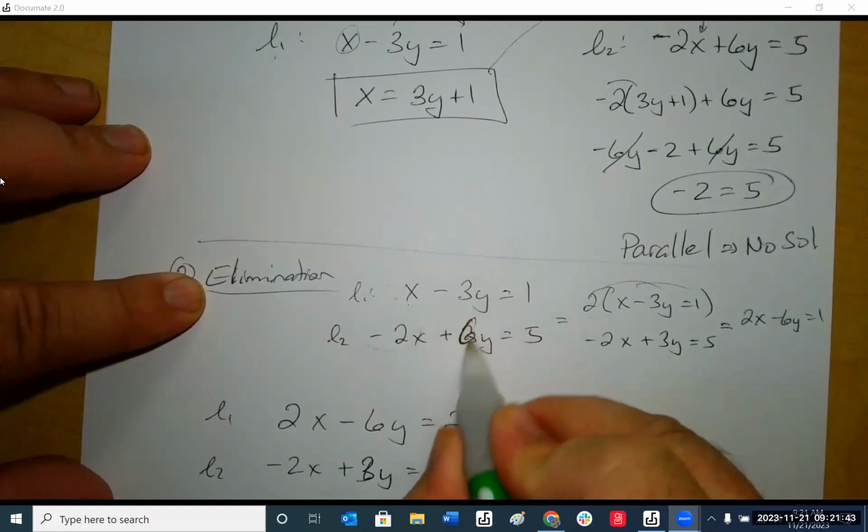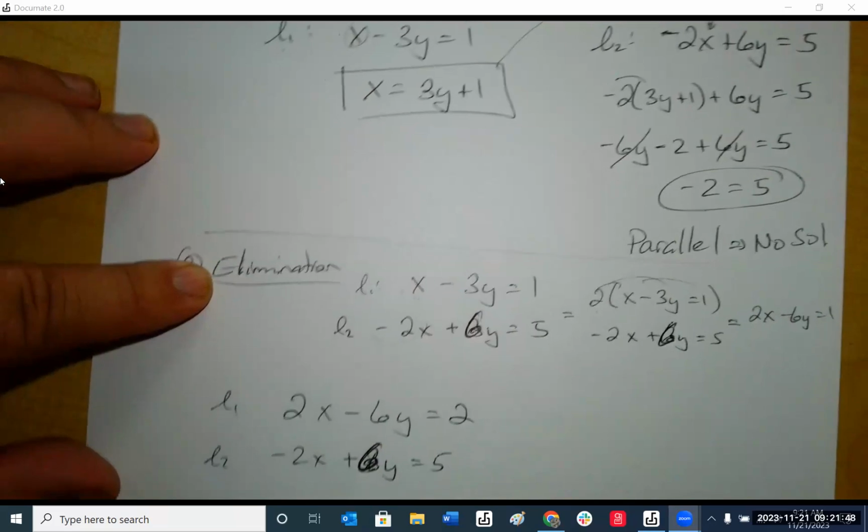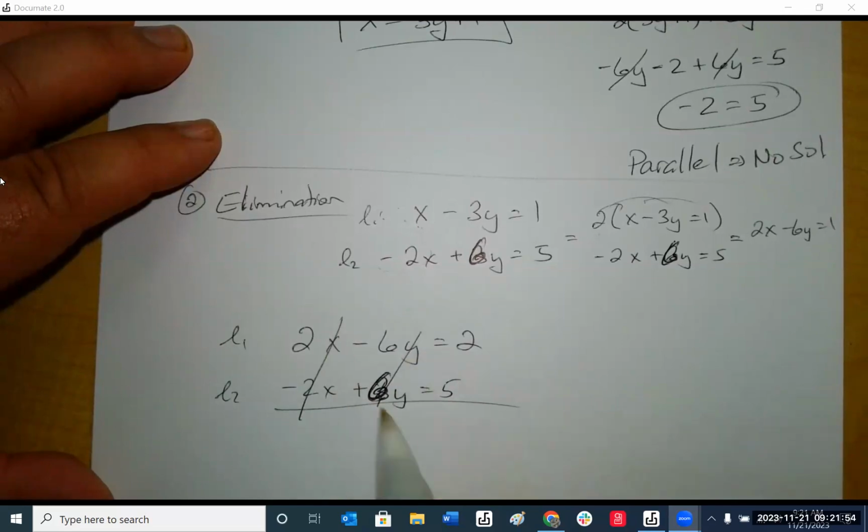That's a 6. When I add the two lines together, these cancel, these cancel. Not possible, so parallel.